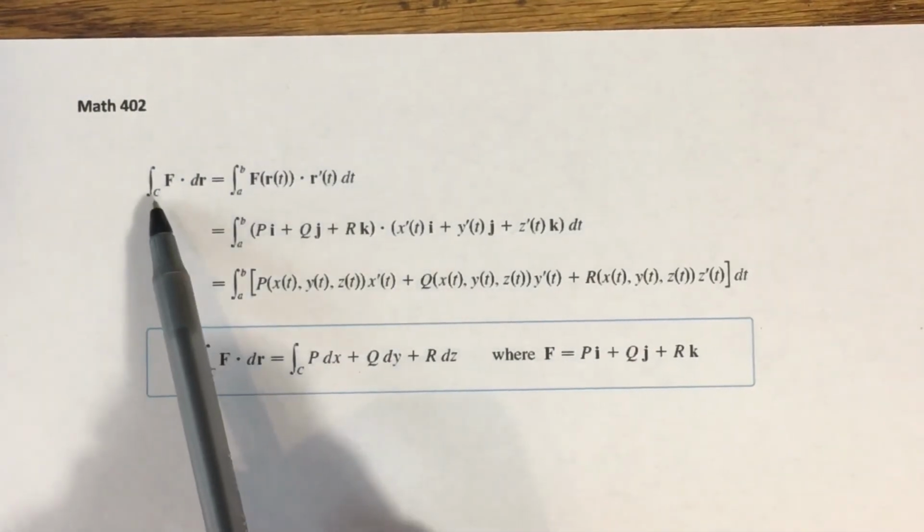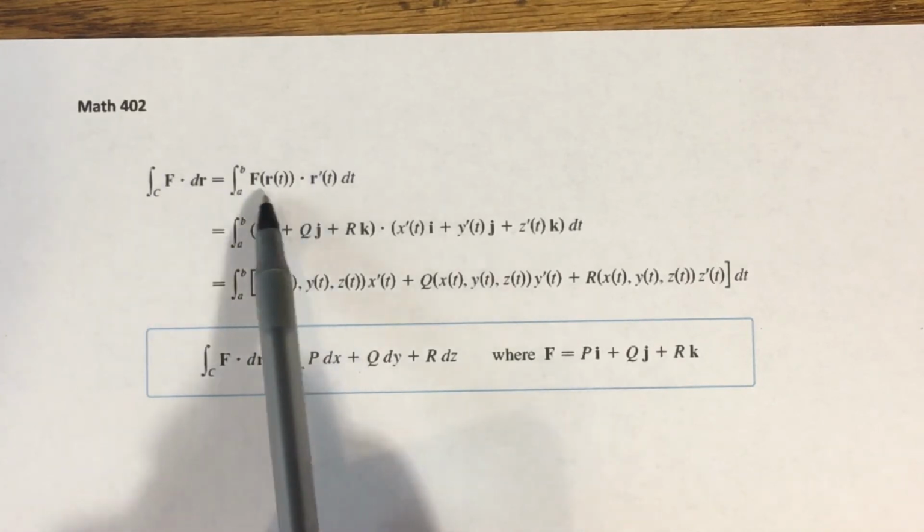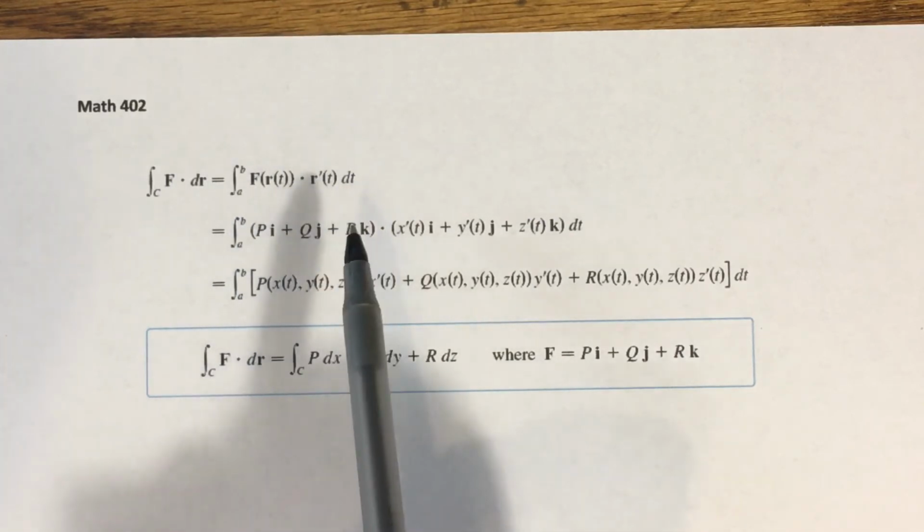Let's look at this. If I want to do the line integral of f dot dr over this curve C, from the work that we did previously, we said that this is equivalent to this.